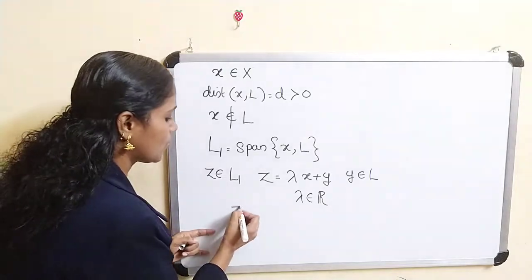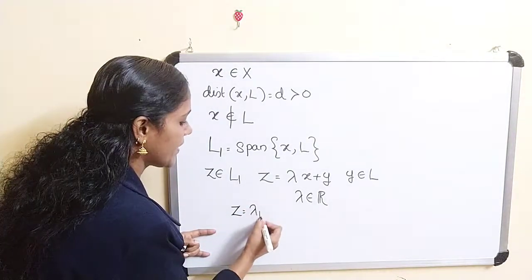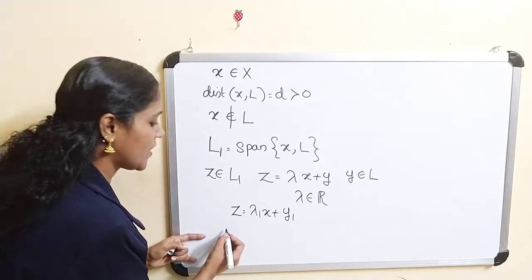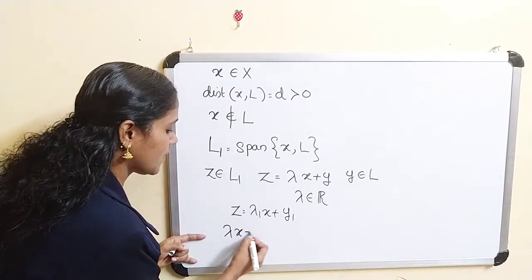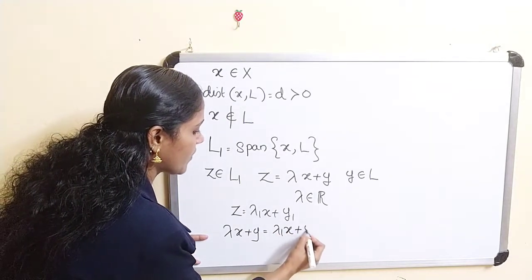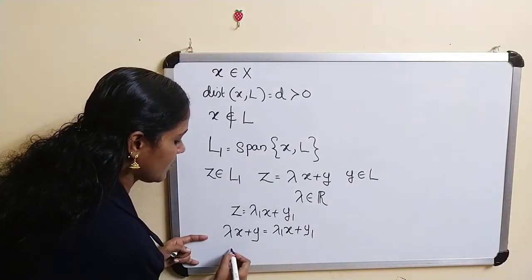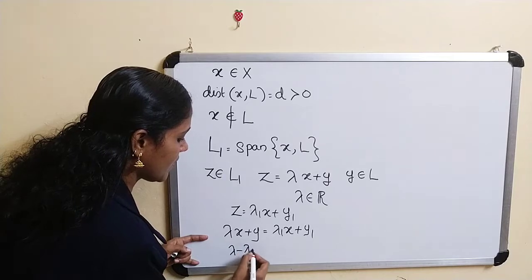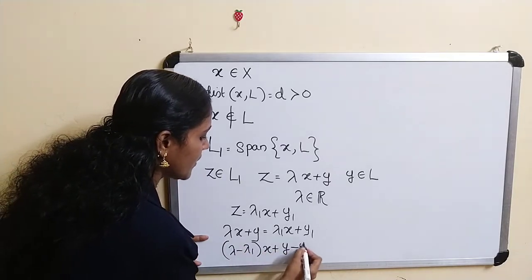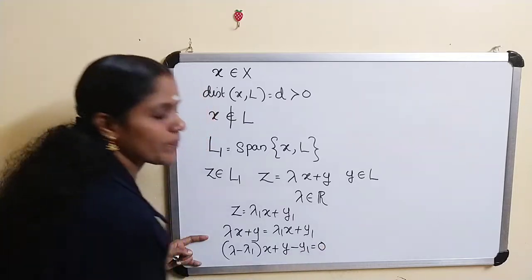Suppose z is equal to some lambda 1 x plus some y1. Then we get lambda x plus y is equal to lambda 1 x plus y1, and we get (lambda minus lambda 1) x plus (y minus y1) is equal to 0.